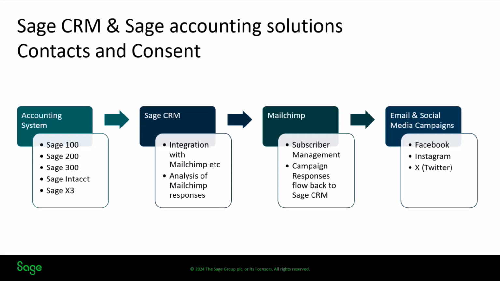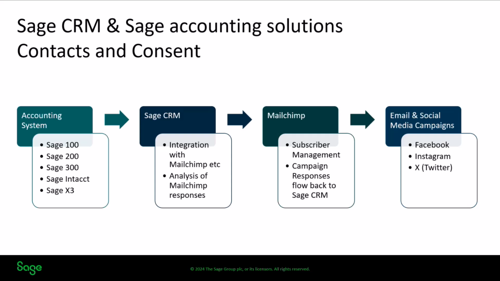And it's not just how data flows into Sage CRM, but also how data can flow out of the system. So Sage CRM can be integrated to MailChimp, and personal data can be exchanged there. You can think about the integration being enabled and subscriber information being synced backwards and forwards.